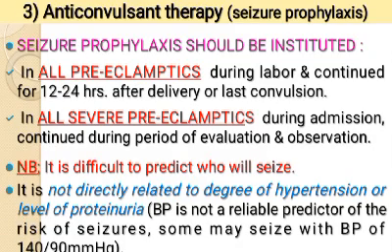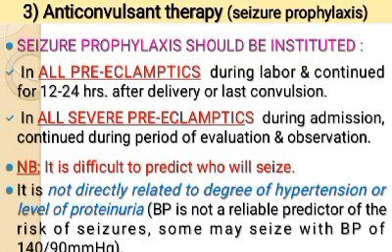3. Anticonvulsant therapy. Seizure prophylaxis should be instituted in all eclamptics during labor and continued for 12 up to 24 hours after delivery or last convulsion, and in all severe preeclamptics during admission, continued during the period of evaluation and observation.